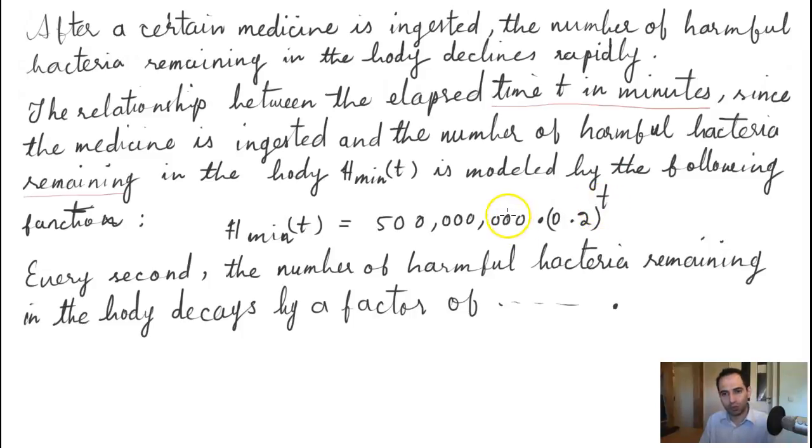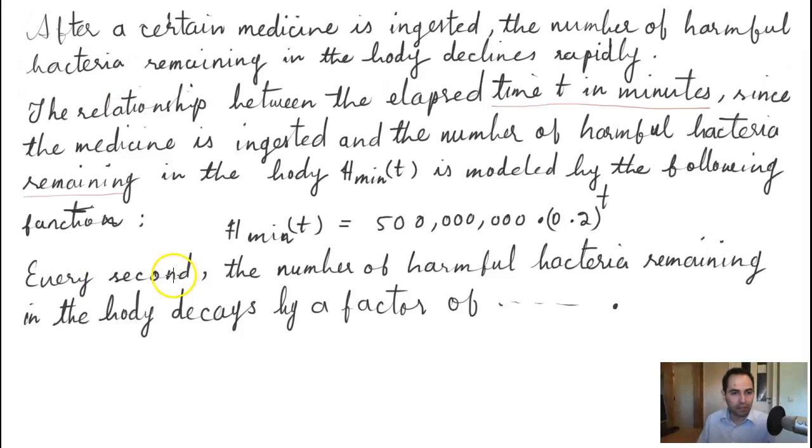So every minute, as you increment t, another factor of 0.2 is being multiplied by your function, which means you are losing 80% and 20% remaining, and again of that 20% remaining, again losing 80% of that, 20% of that remaining, and so on and so forth, and it keeps declining just like that.